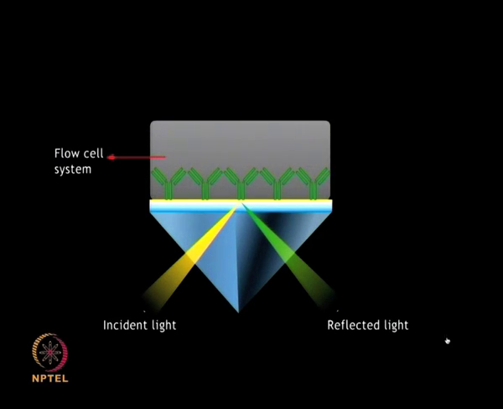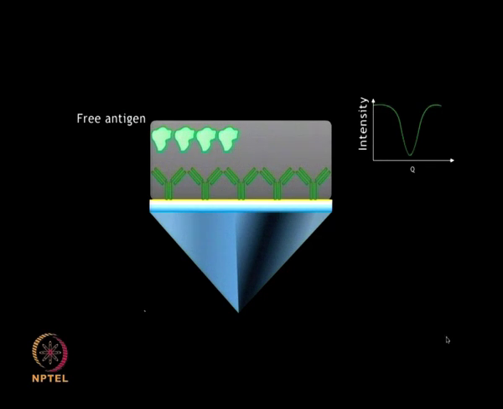In a SPR experiment, the unlabeled free antigens or other query proteins enter via the flow cell and move towards the immobilized antibodies or other test proteins.